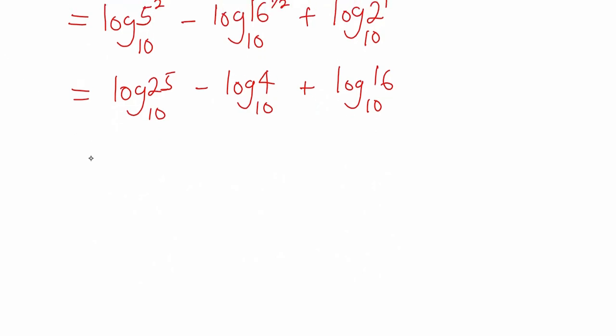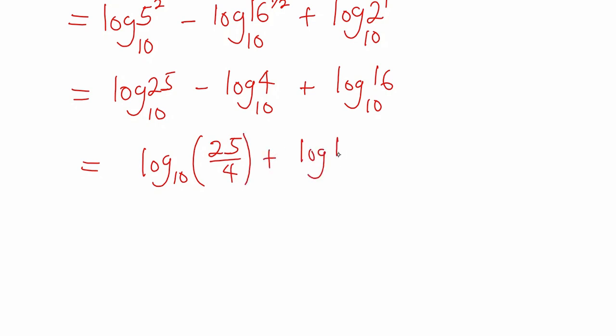Now we can write this as a single logarithm by considering the terms here. With the first two, they all have the same base, so writing it as a single logarithm, since they are subtracting, we can divide the argument. So that is 25 divided by 4 plus the logarithm of 16 base 10.